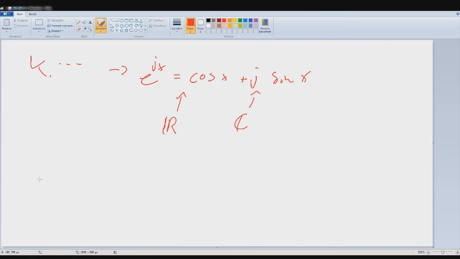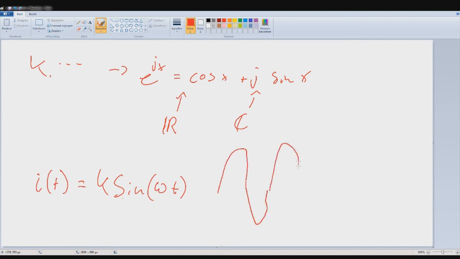But really it comes down to the function of the current being equal to a constant times a function of the sine of omega t. So that will look like a sine function.